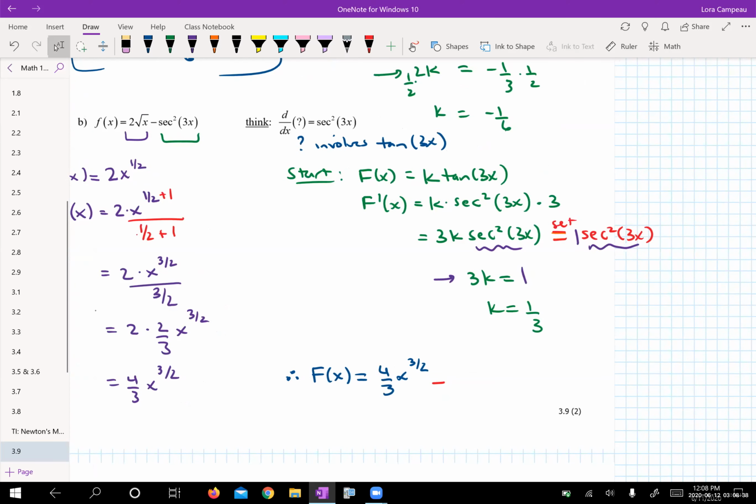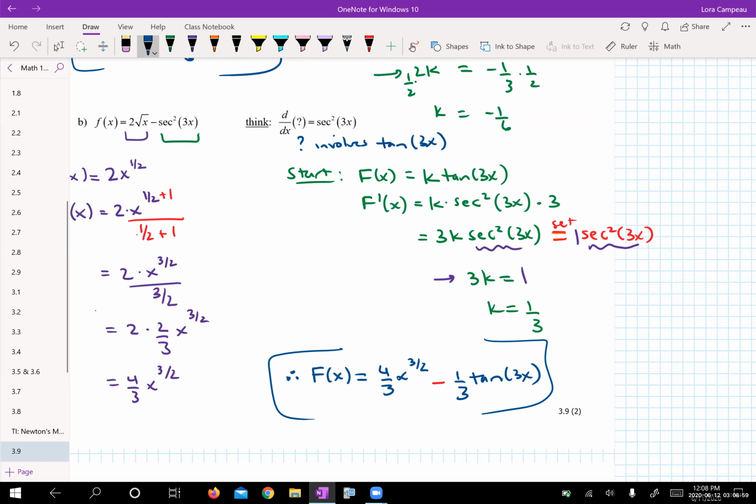Now, if we're looking at finding the rest of our function, we should have minus 1/3 tangent of 3x. And we have our antiderivative of a more complicated function.